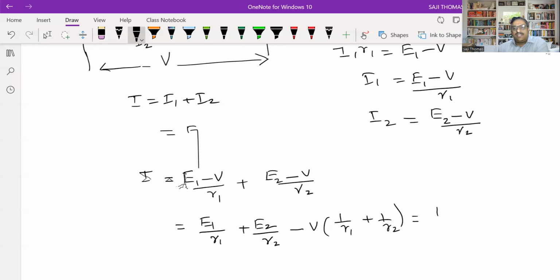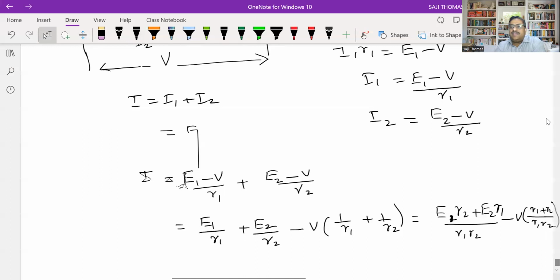What will we get? E1 R2 plus E2 R1 by R1 R2, first term. In the second term, minus V into (R1 plus R2) upon R1 R2.